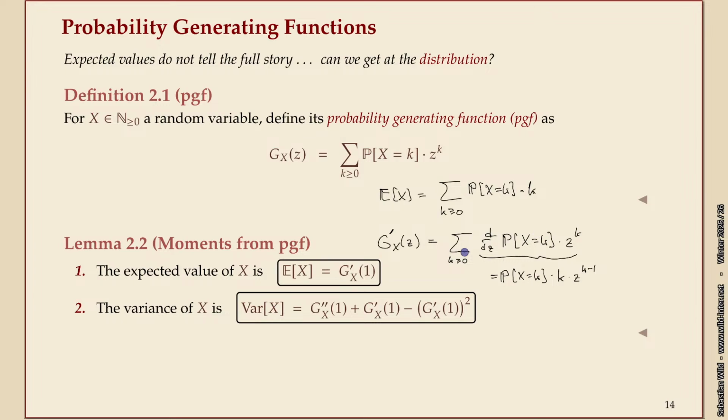So you've turned one power series into a new power series, which just has slightly changed terms. And now if you insert z equals 1, this factor just goes away. And what's left is exactly the sum for the expected value. So it's kind of obvious when you write it down.